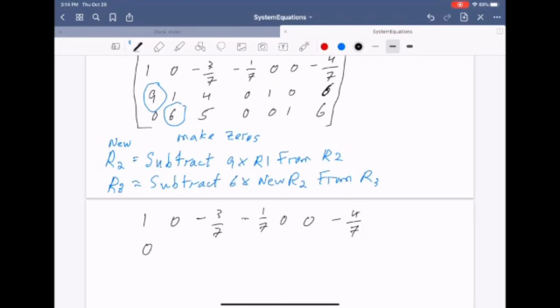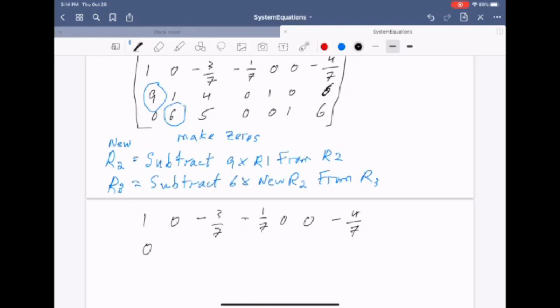Then we're going to subtract 9 times row 1 from R2.